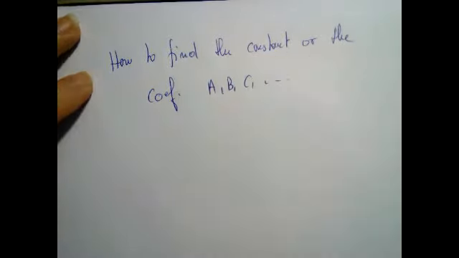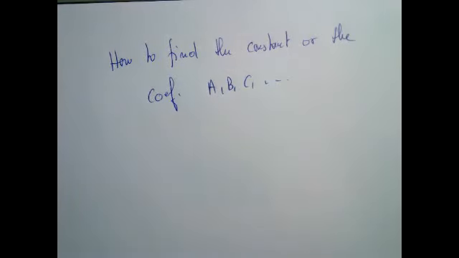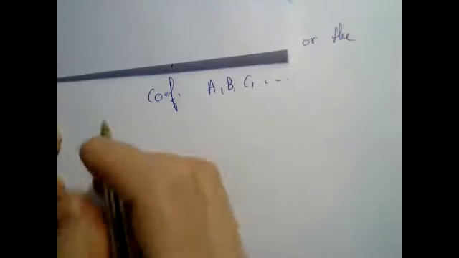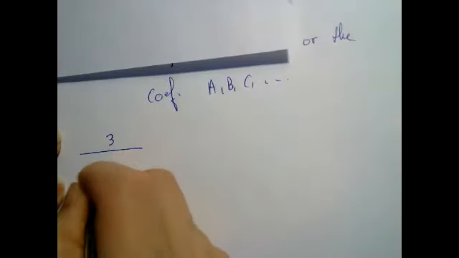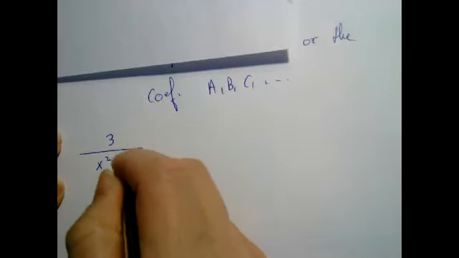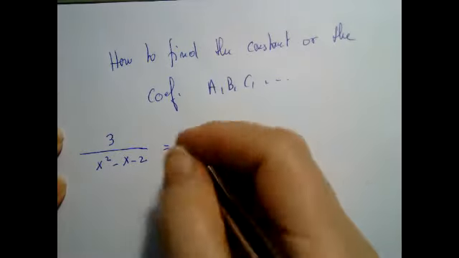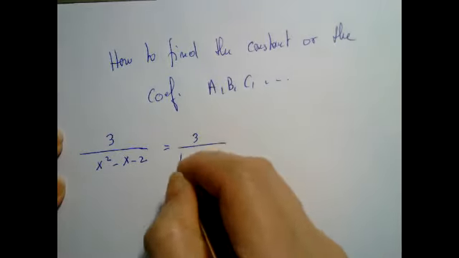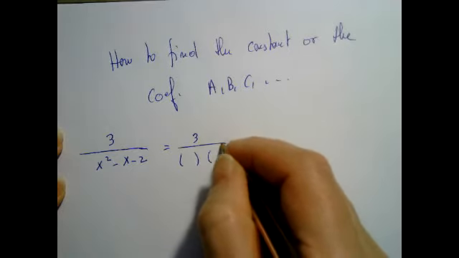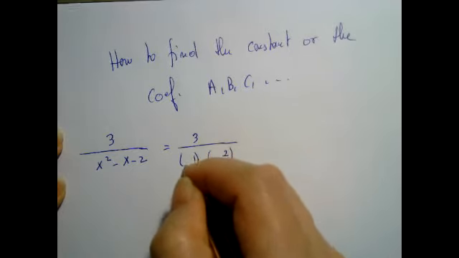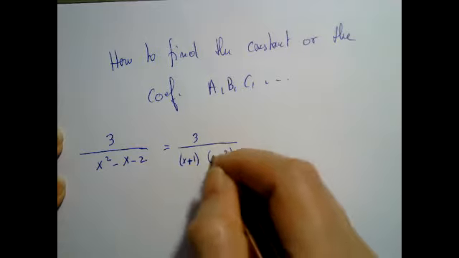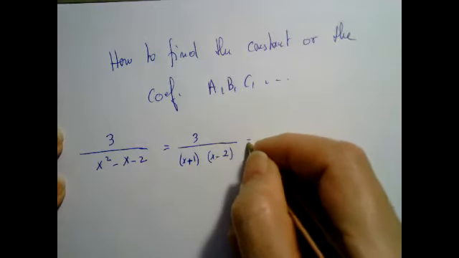Excellent. All right, here's the trick. I'm going to take the one I had here, 3 over x squared minus x minus 2. I factored out the denominator: it's x plus 1 and x minus 2.